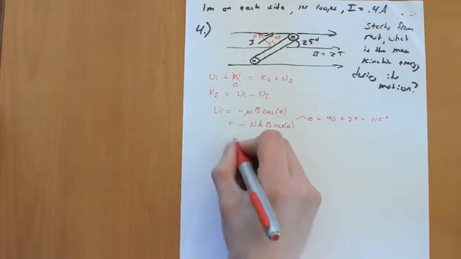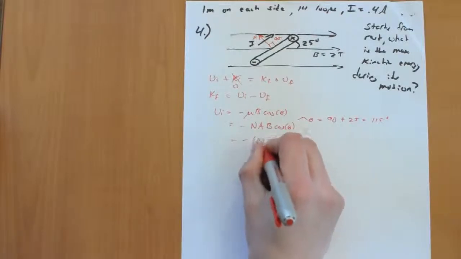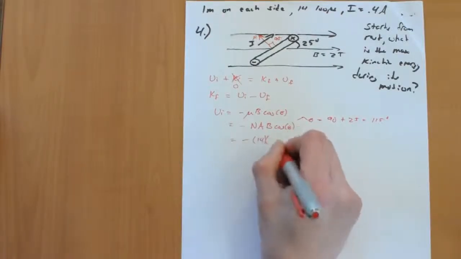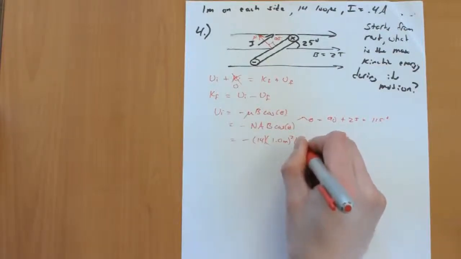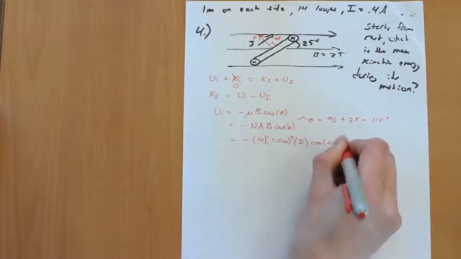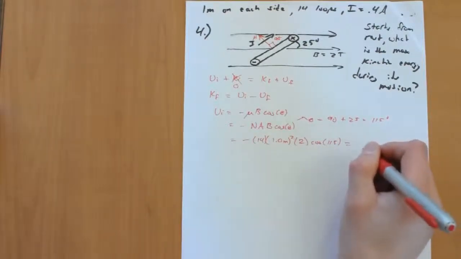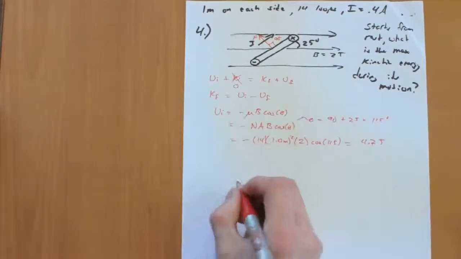Okay, so if we do this, let's plug in the values for them. We find that its initial potential energy is equal to 4.7 joules.